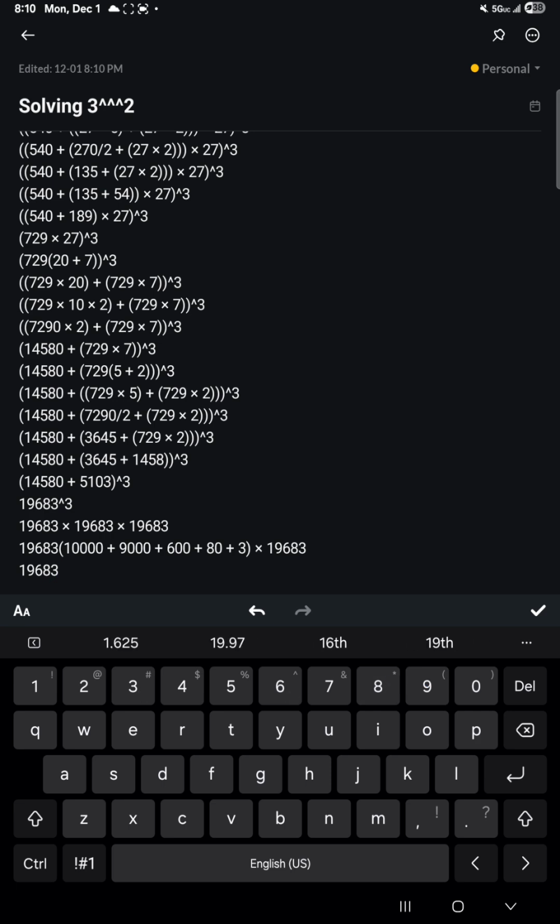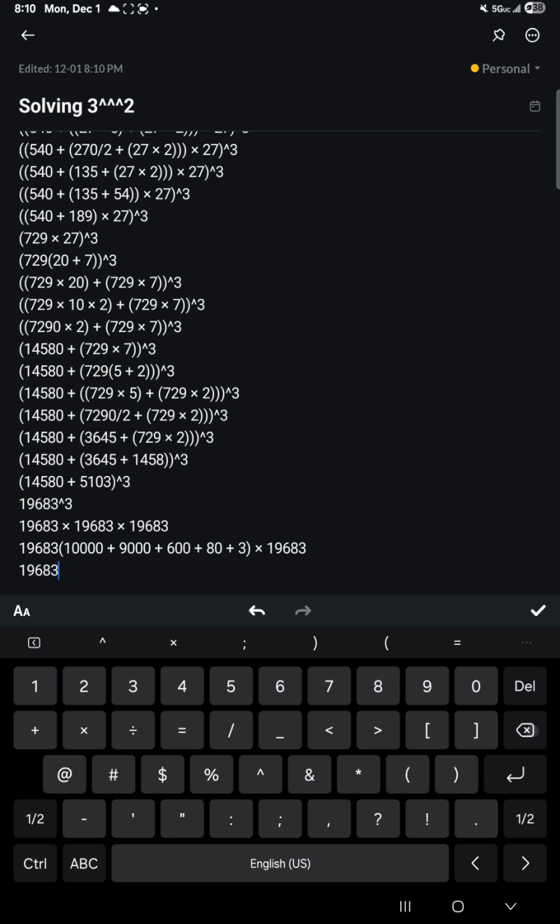Now here's what we can do. We can just sum out each number inside the parentheses and multiply them with its base. So let's sum out 10,000 first.